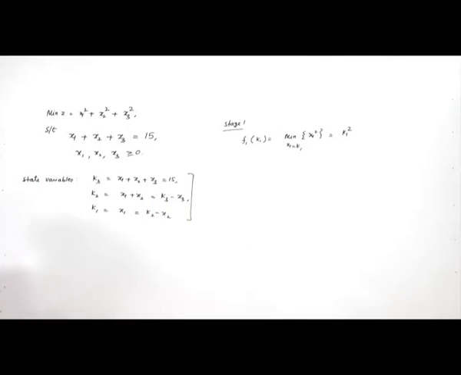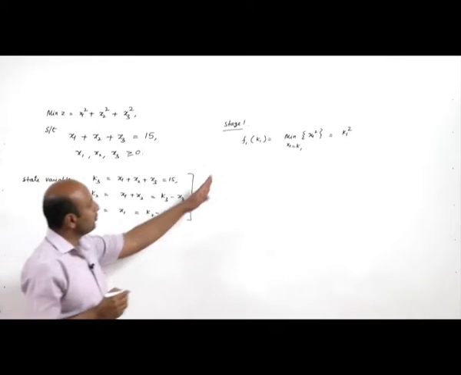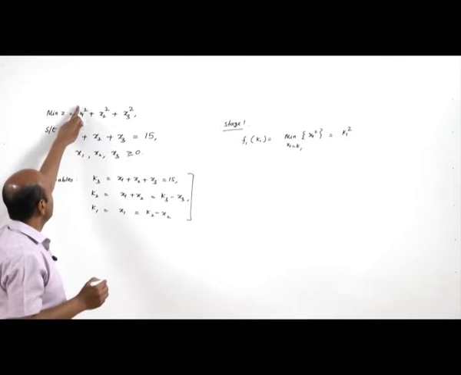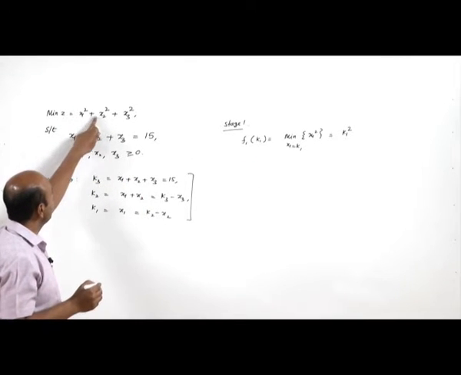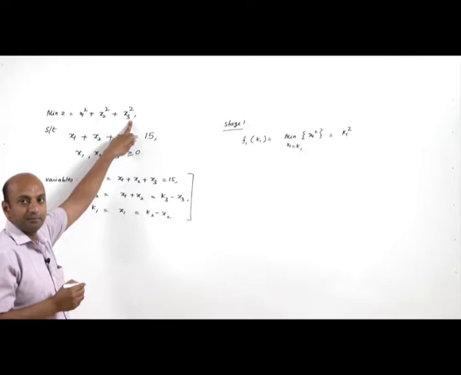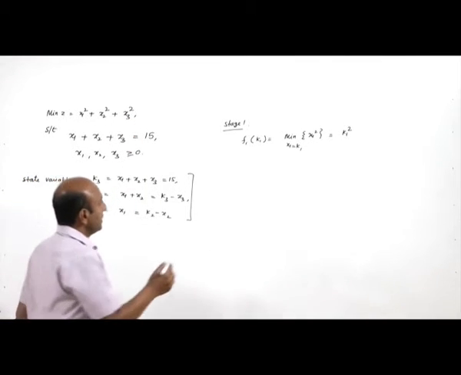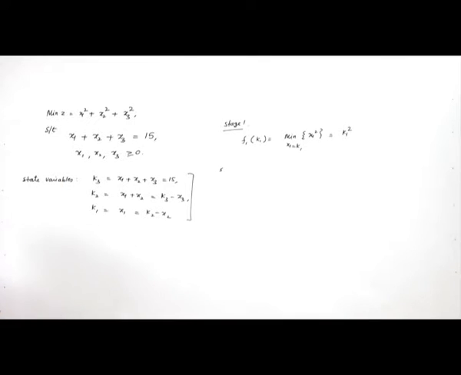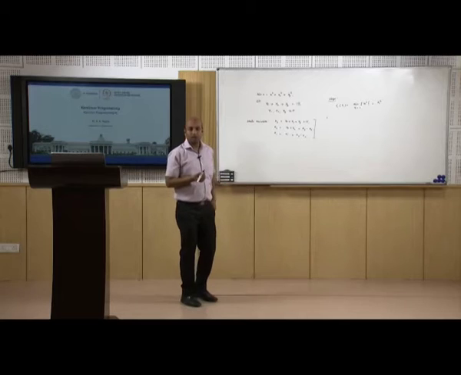That is the first stage. In this approach we are moving in a forward direction. We first take this stage, then the next stage, and then the combined stage 3. It is our choice whether we take backward recursion or forward recursion. Here I am taking forward recursion.